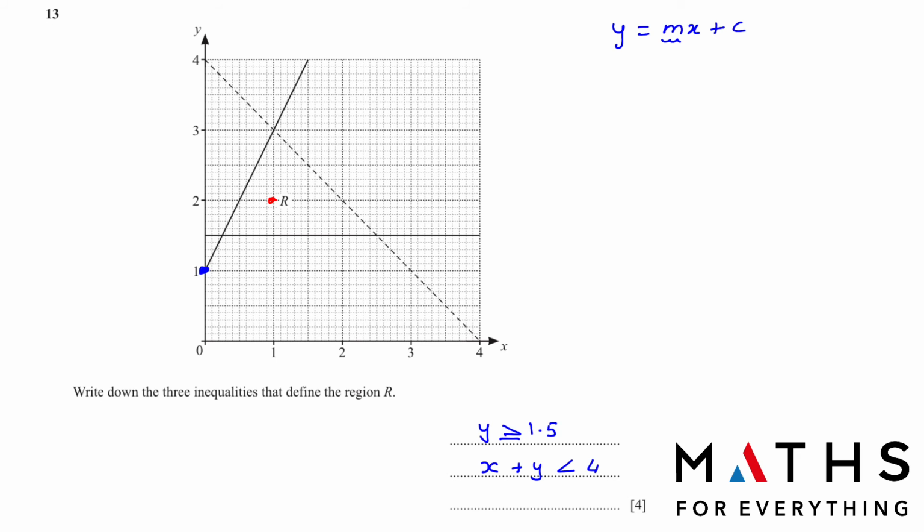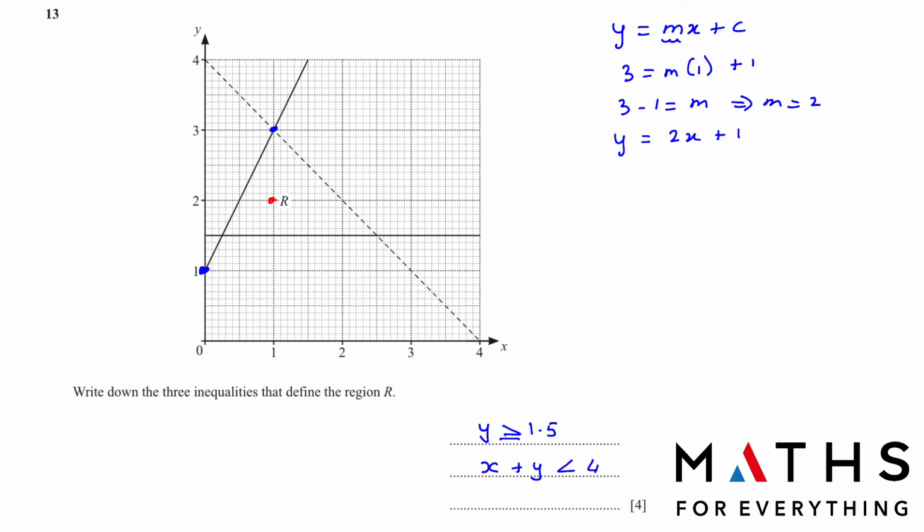Let's say we are choosing this one, 1 and 3. So x is 1, y is 3. We don't know the gradient. We want to find the gradient. And c is also 1. The plus 1, when you shift it, will become negative 1. 1 multiplied by m is 1. So that will give us m is 2. So our equation is y is equal to 2x plus 1.